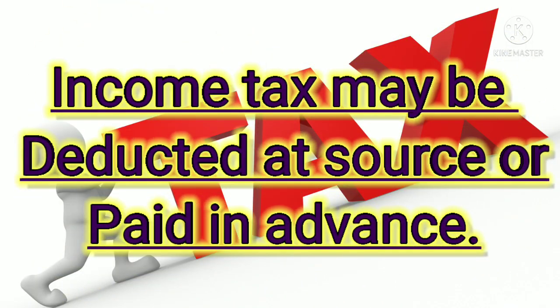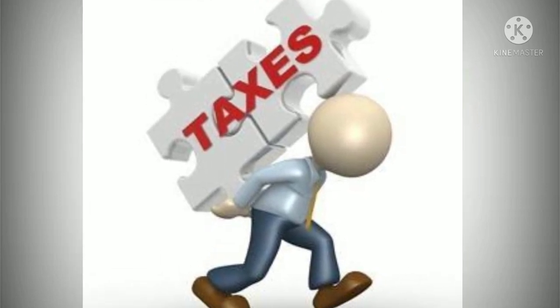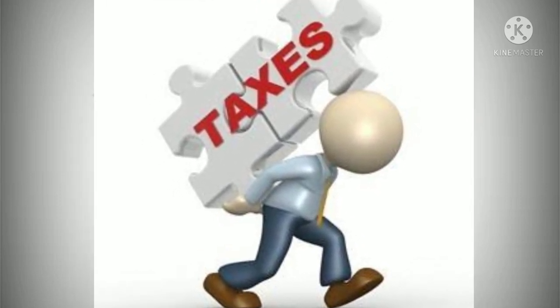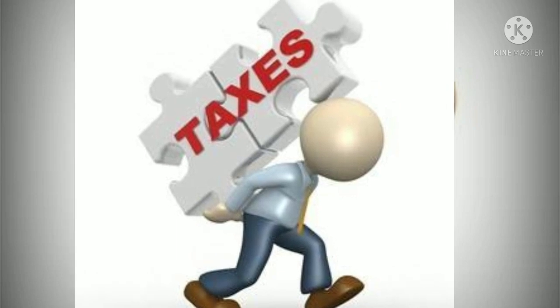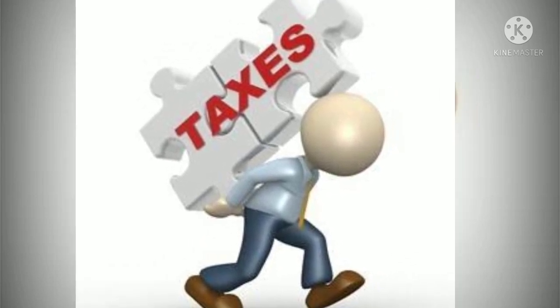The income tax can be deducted at source or paid in advance. It means either we can pay the tax before getting the income in hand, or it will be deducted right from the source, that is, the whole income, once it is credited to our account. So that's all about the basis and procedure of income tax computation.